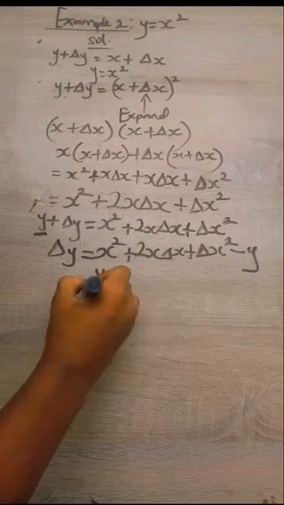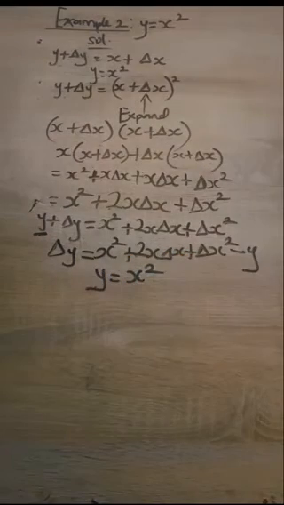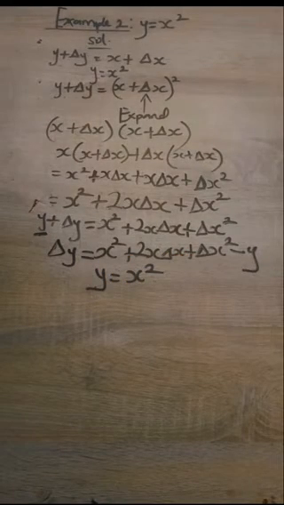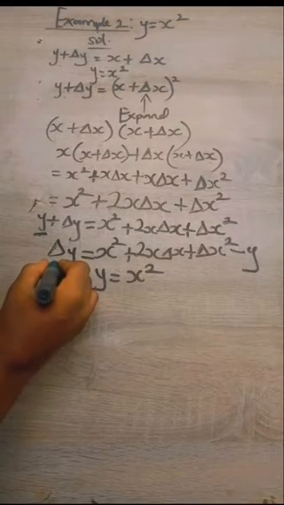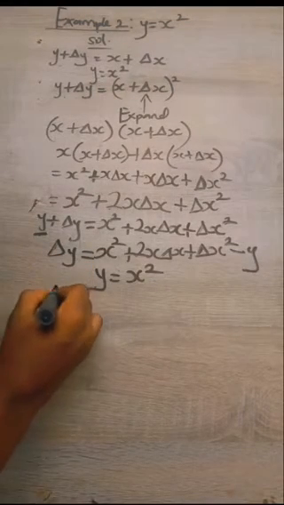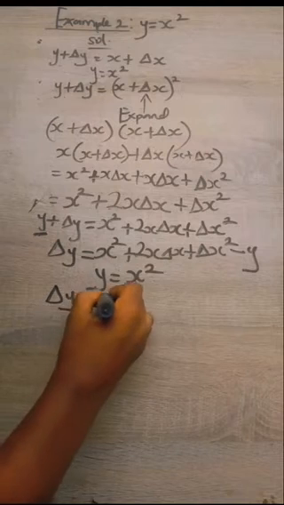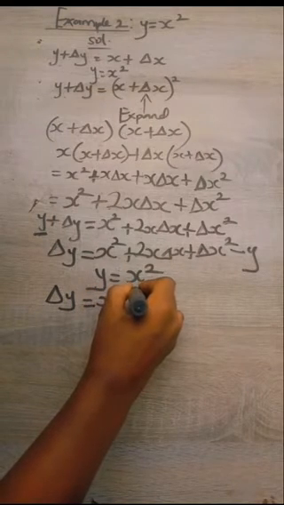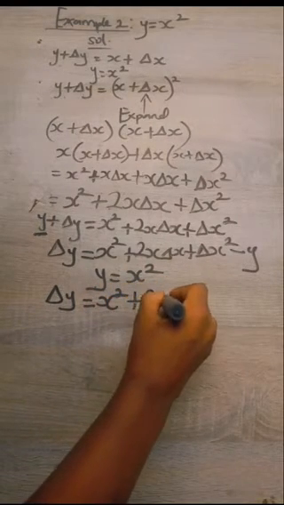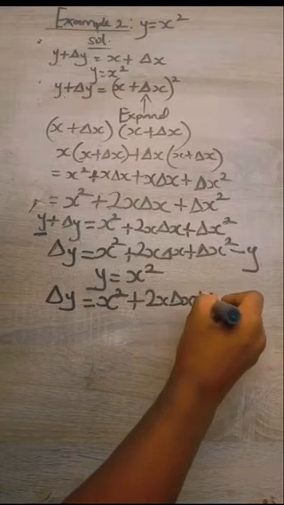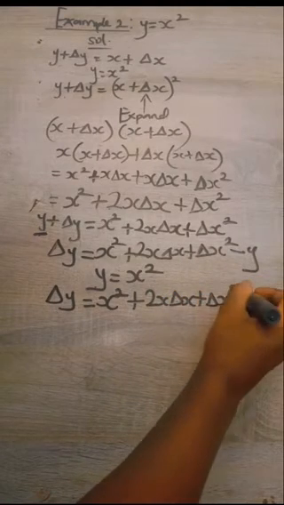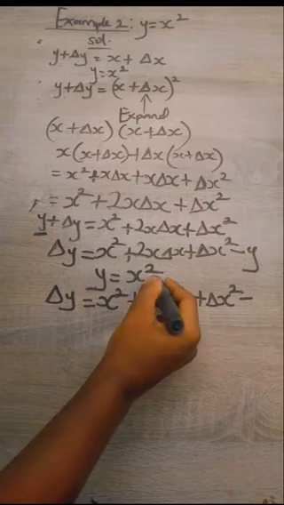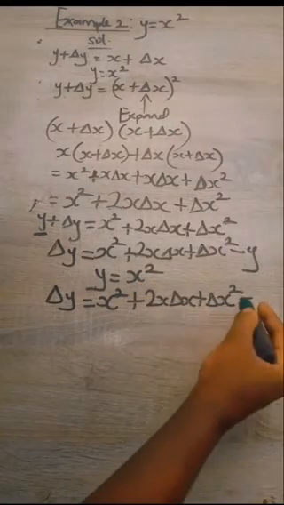Now going back to the question given, our y equals x raised to power 2, right? So let's substitute. Change in y equals x raised to power 2 plus 2x change in x plus change in x raised to power 2 minus our y, which is x raised to power 2, don't forget.